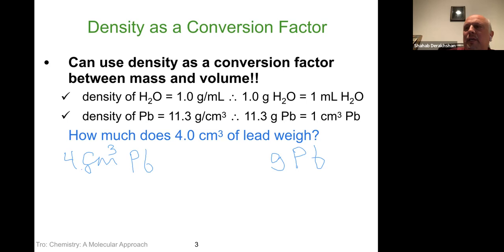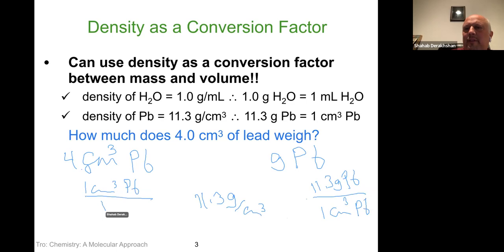But when I say 11.3 grams per cubic centimeter, I can say either 11.3 grams of lead over 1 cubic centimeter lead is equivalent to 1, so I can multiply. Or I can say 1 cubic centimeter lead over 11.3 grams of lead. That's equivalent to 1.